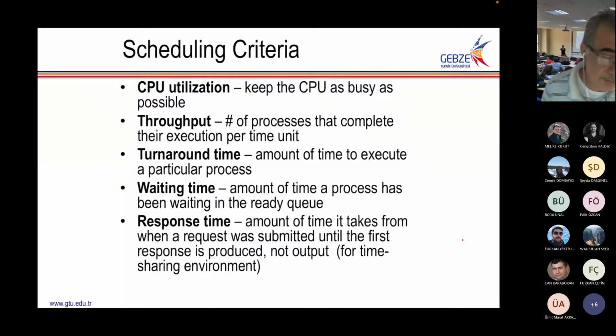Those are as follows. One is the CPU utilization. You may say that I am paying this mechanic big money, so my main concern is not letting them stand without any task. So keep them busy. That is one thing.